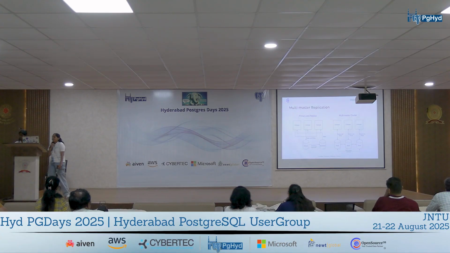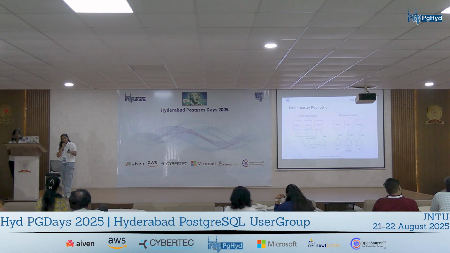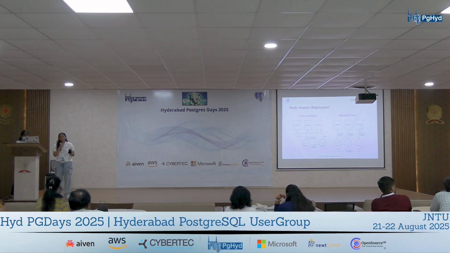On the left side, we can see single master replication. In single master replication, only the master can write and all other nodes are read-only replicas. The data flows in one way from master to replicas, and it is simple, reliable, and has strong consistency.